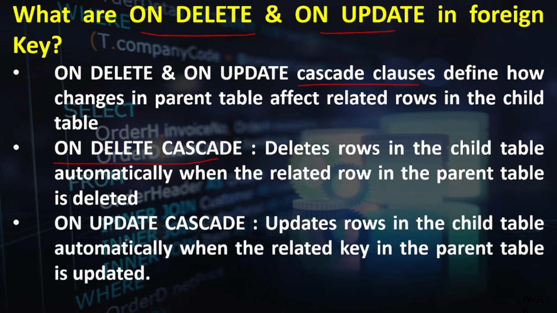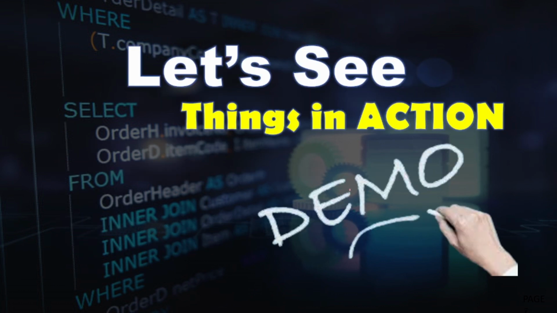Likewise, with on update cascade, if the parent data gets updated, all the child data related to that parent data will also be updated automatically, so that there is consistent data between these two tables. Make sense?